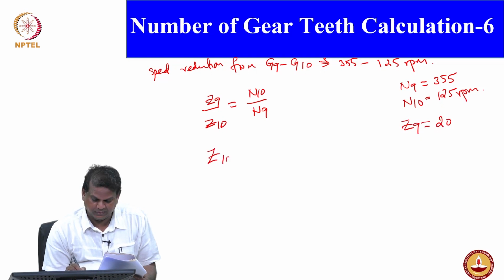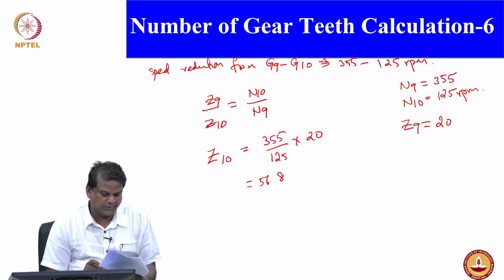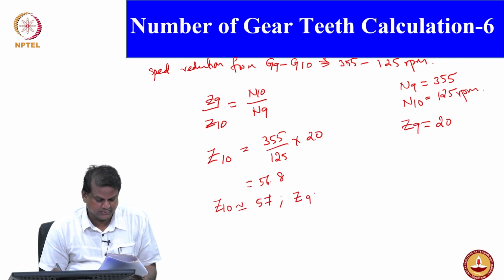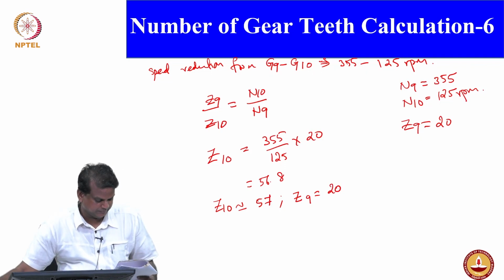From Z9 we need to find Z10. 355 by 125 into 20, I would expect 56.8. So when you do the approximation, Z10 should be equal to 57, and my Z9 is 20.